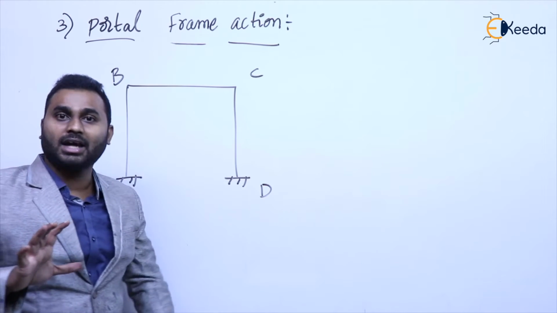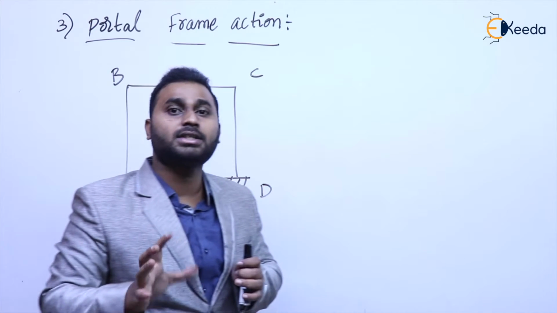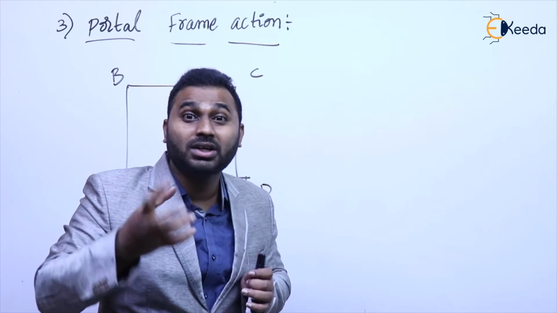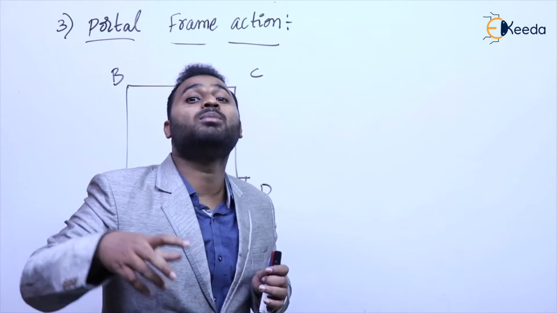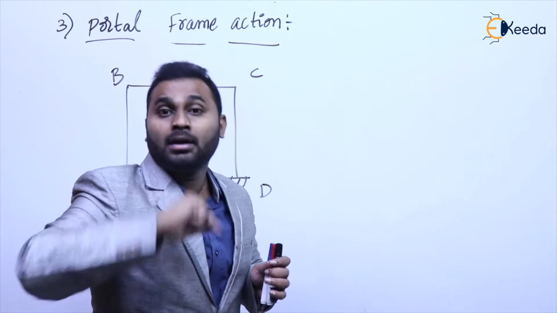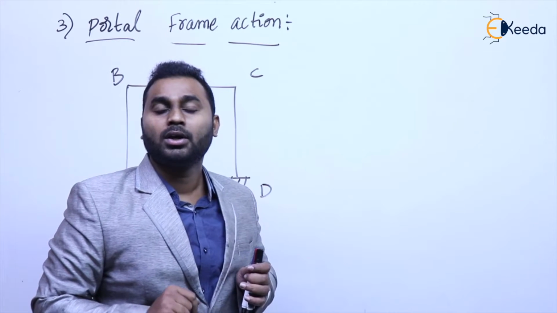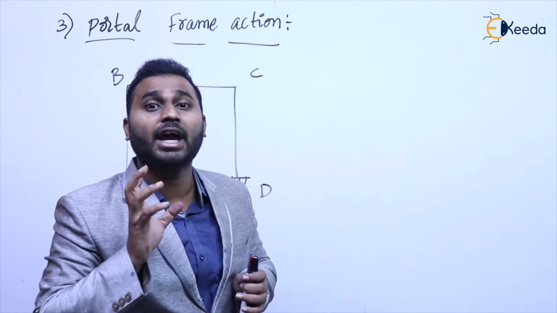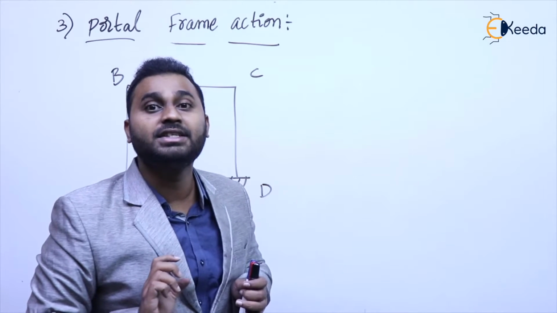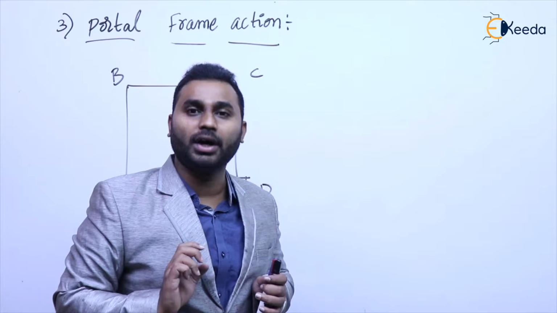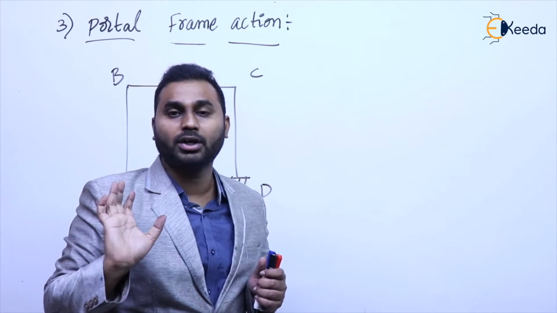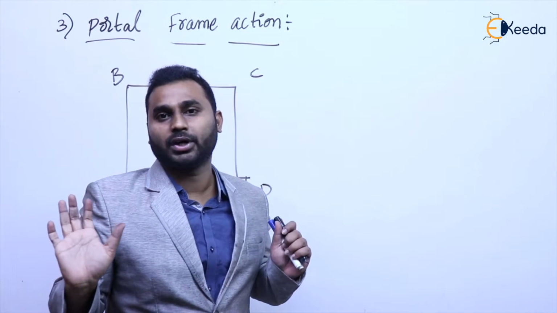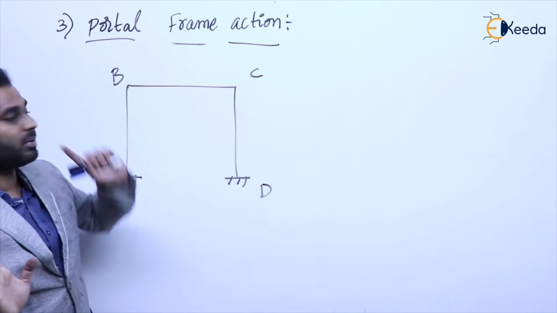Because of that framing action and the rigidity of the joints, columns are not only subjected to axial load, but also the end moments present at the end of a beam. Is that okay? Here columns are subjected to bending moment because of the end moments developed due to the rigidity of the joints of the beams and columns. So that is the third reason, portal frame action.